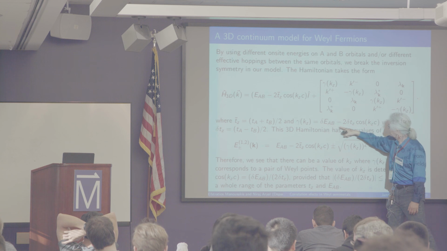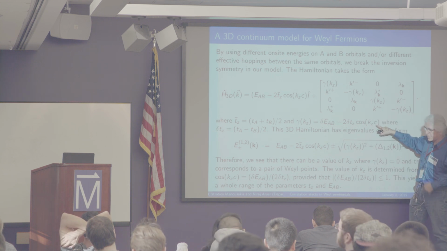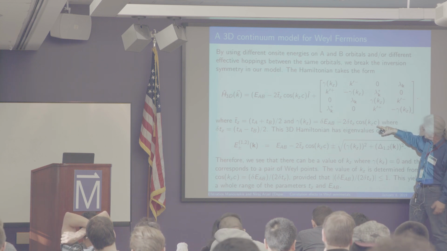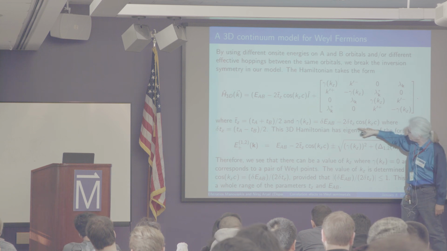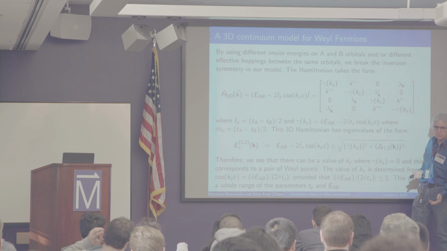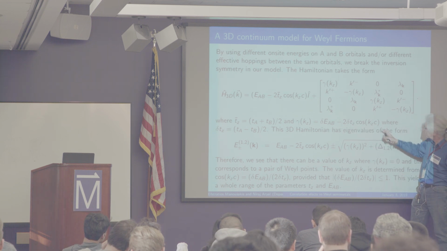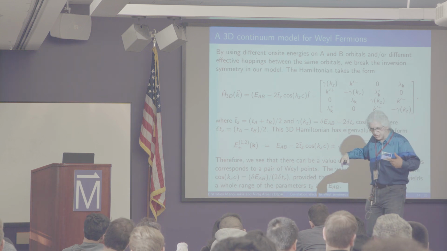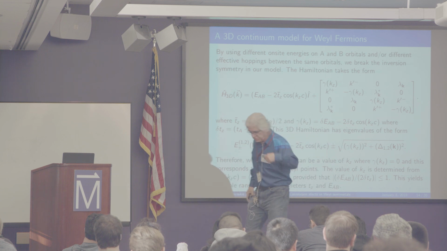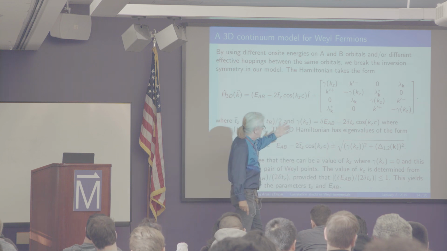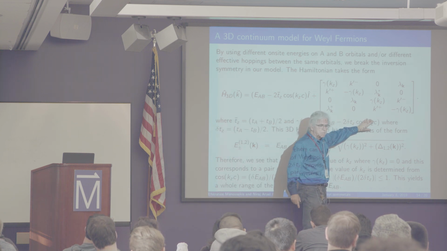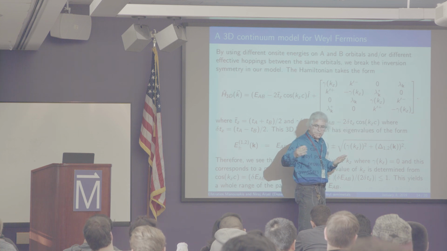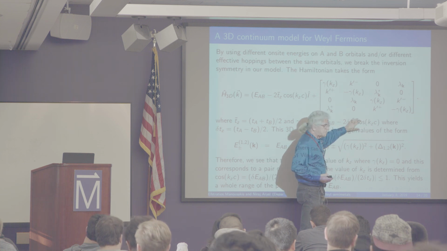This is non-zero, but because I put in a kz dependence, I can ask the question, and here is the robustness of these things: is there a kz where I can make this equal to 0? Before I couldn't make it 0, but now I have a degree of freedom, as I was saying. I'm solving 3 equations with 3 unknowns in order to find Weyl points. And so I can find a kz value, but remember, this is bounded because it's the dispersion. So I have some limitations.